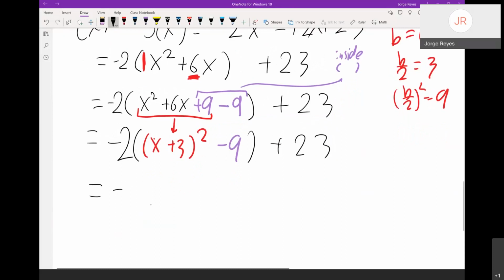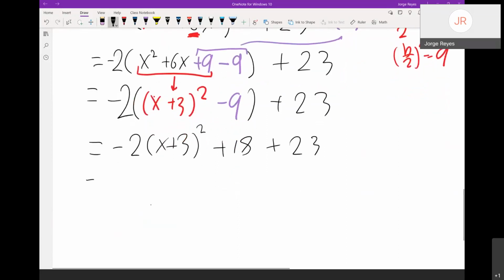You can always skip steps if you want. But this becomes 18 plus 23, and then this becomes a very big number. So 18 plus 23, that's 41.